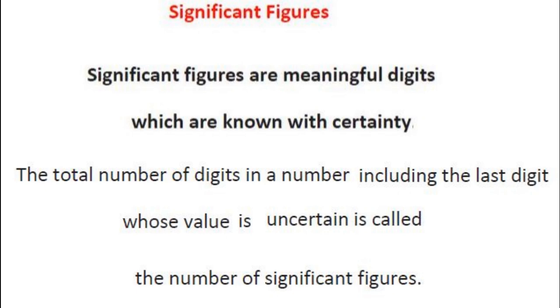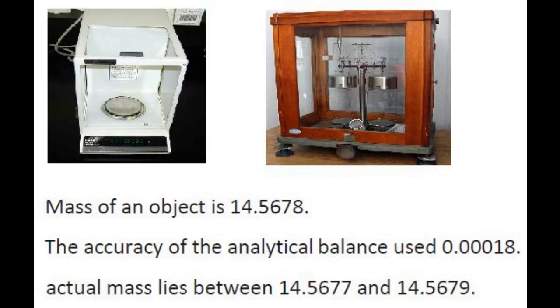So how can we represent the number of significant figures? The total number of digits in a number, including the last digit whose value is uncertain, is called the number of significant figures. Let us indicate the significant figures by using an example. The mass of an object is 14.5678.